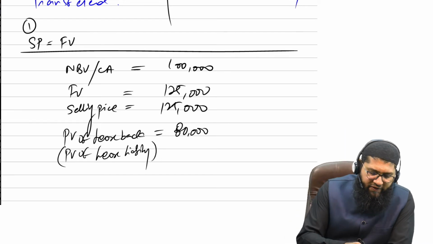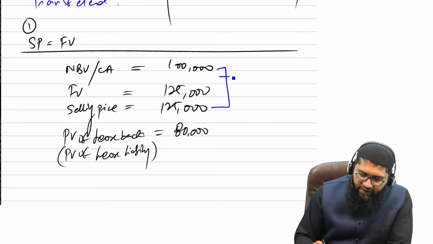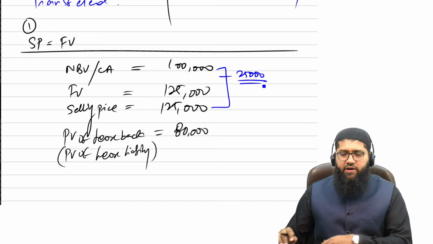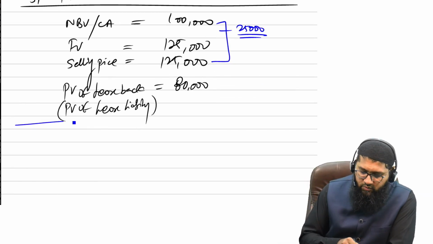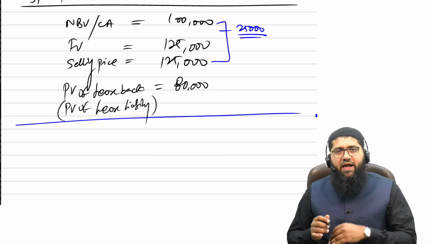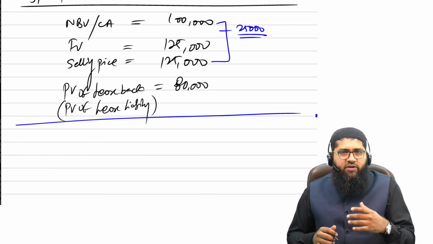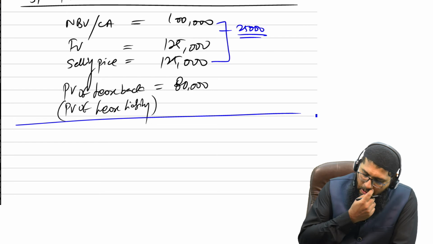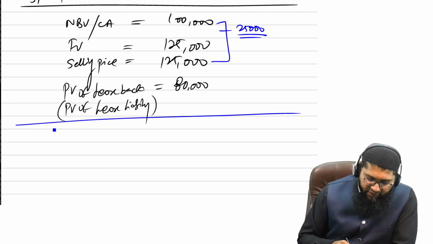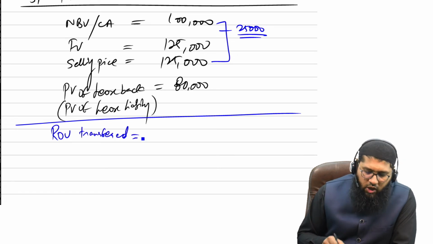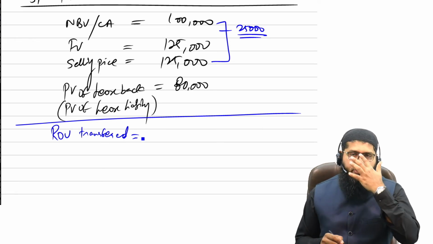So what are we going to do? What's the gain? The gain is actually 25,000. How exactly are we going to recognize it? Basically, first of all, you need to calculate the right of use of the asset which is transferred. How do we calculate it?